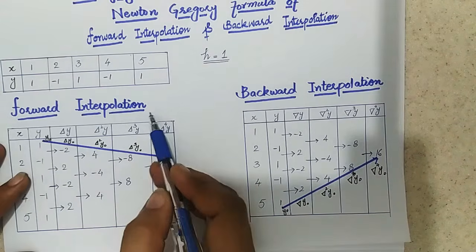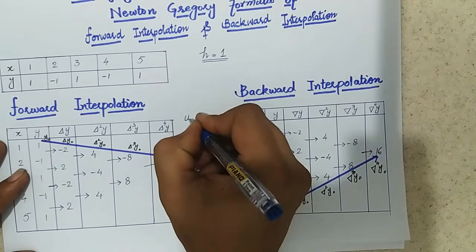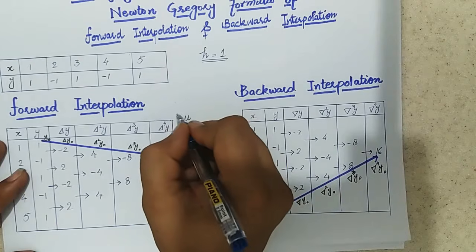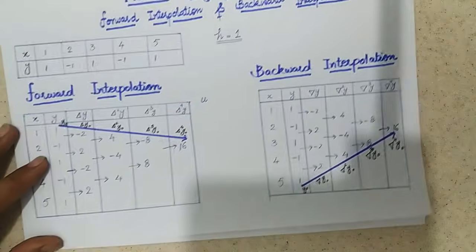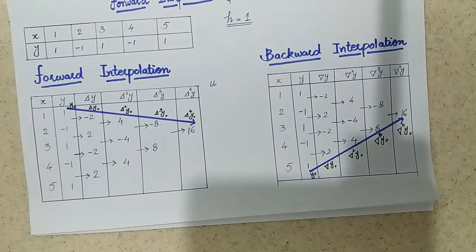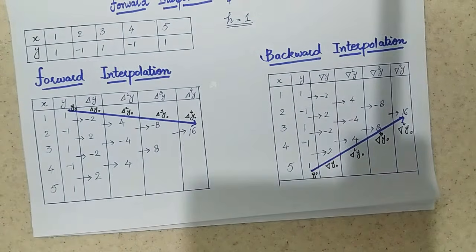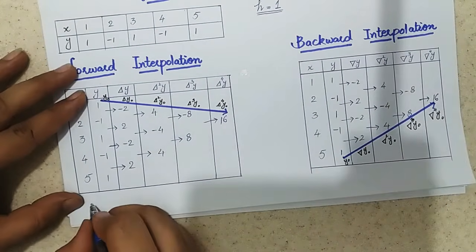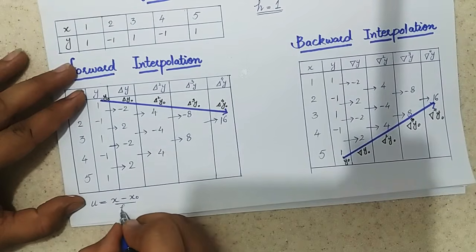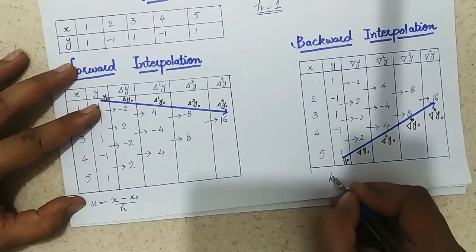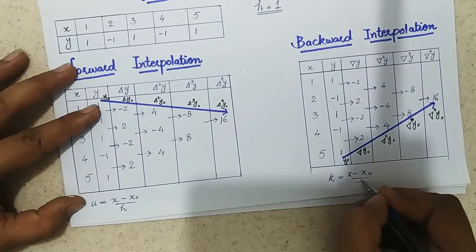As for forward interpolation, we use u. U is used for forward interpolation, and k for backward. So we write them at the lower part of the table. U is equal to x minus x naught over h, and k is equal to x minus xn over h.